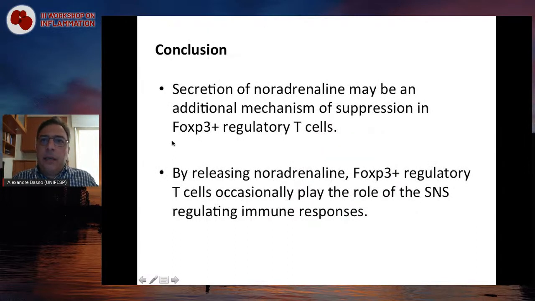So to conclude this last part of the talk, it seems that the secretion of noradrenaline may be an additional mechanism of suppression in FOXP3 regulatory T cells. And by releasing noradrenaline, FOXP3 regulatory T cells occasionally play the role of the sympathetic nervous system regulating immune response.